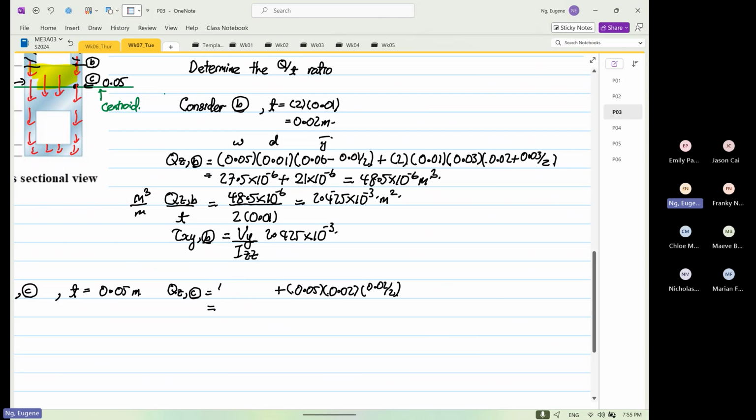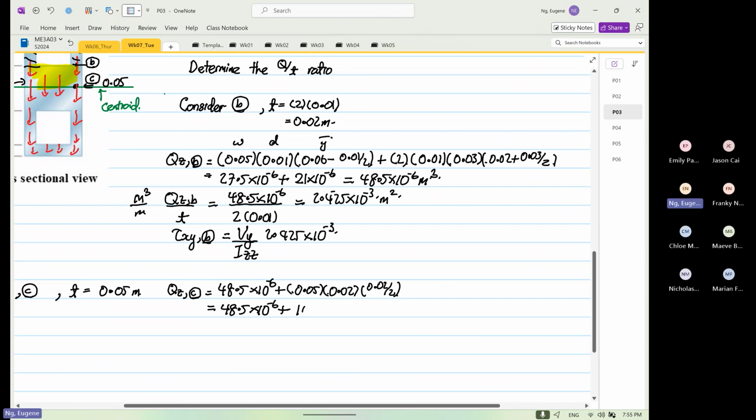Okay. So now coming back to the last part, to find the first moment of area at the centroid, this is 48.5 times 10 to the power minus 6 plus. So this will be equal to 0.05 times 0.02 times 0.02 divided by 2, which is 10 times 10 to the power minus 6. So this is equal to what?